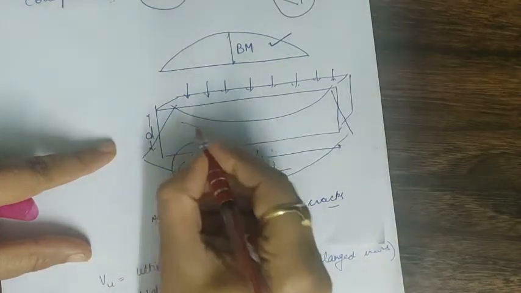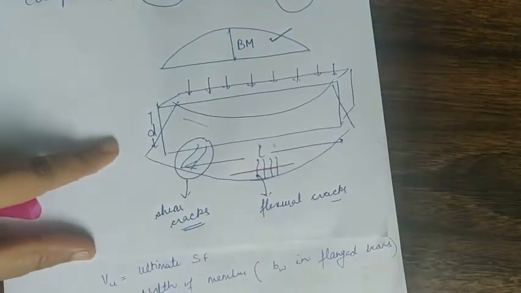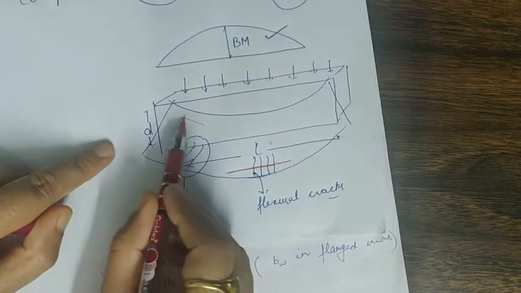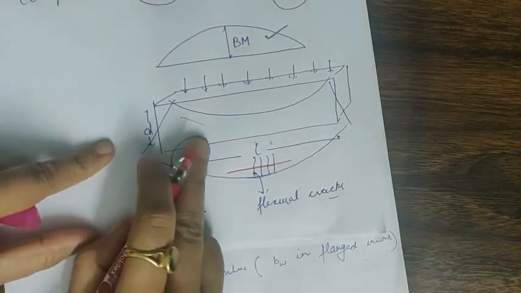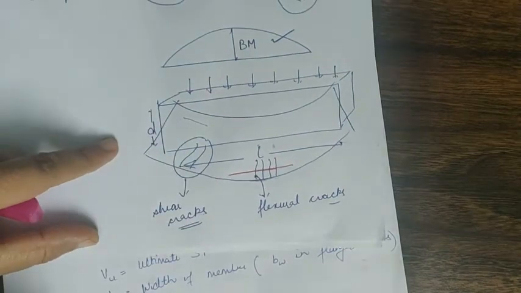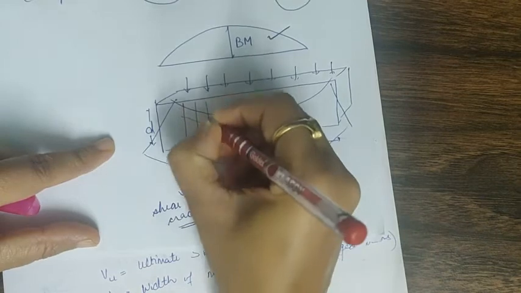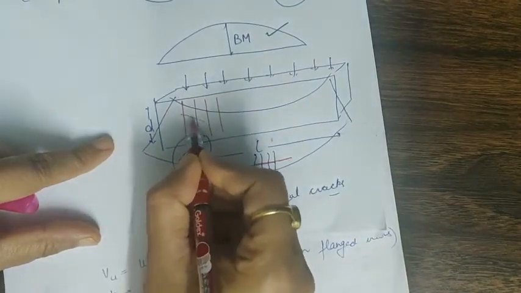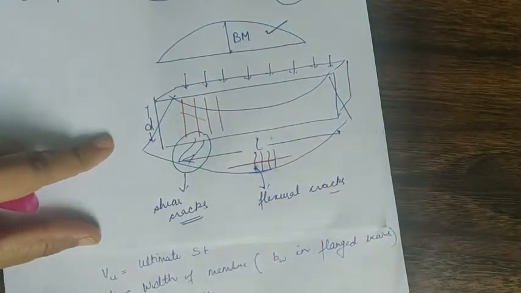So we are basically trying to resist this kind of crack in the system. We generally don't provide a reinforcement exactly perpendicular to the crack, but we provide a reinforcement like this, so that for the crack a number of reinforcements are available, and they will resist that crack.